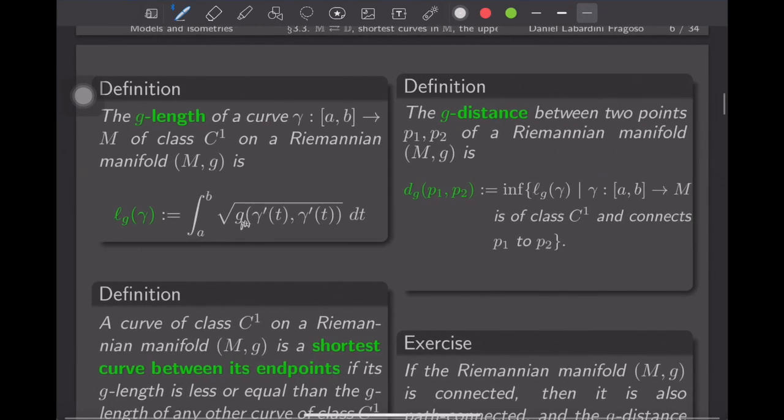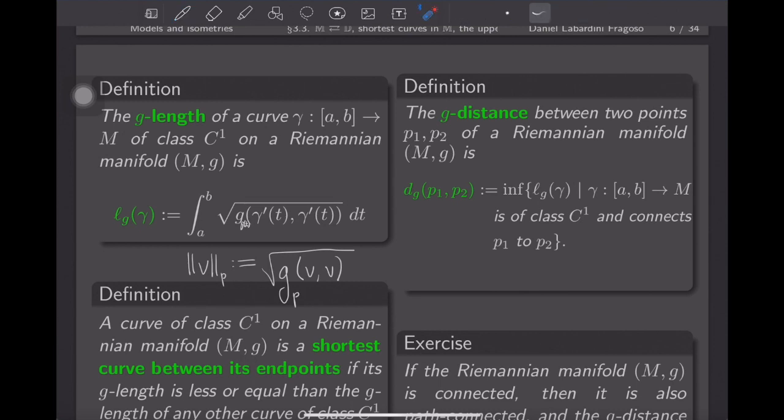So the length of a vector which is tangent at p is defined as the square root of g sub p, the inner product on the tangent space at p, of v comma v, paired according to that inner product.